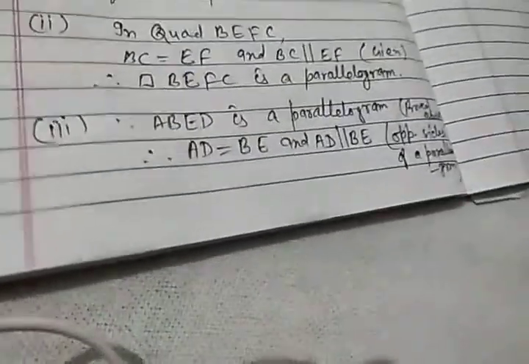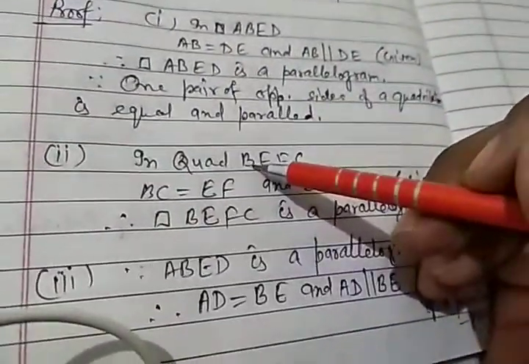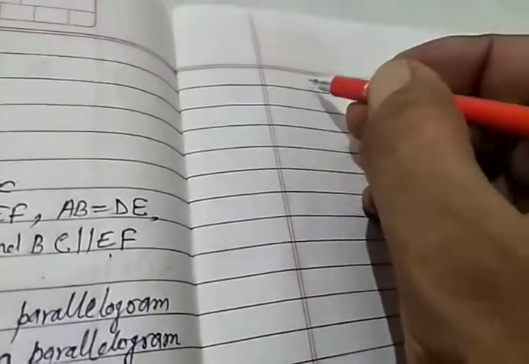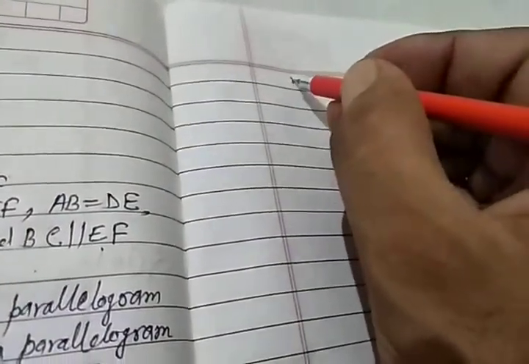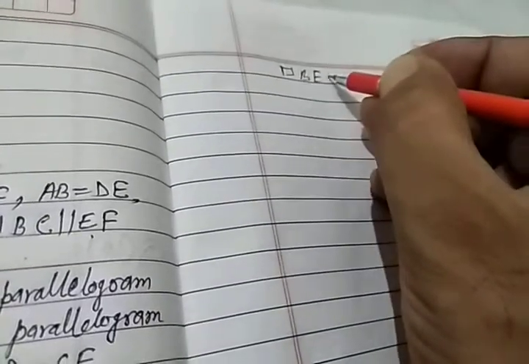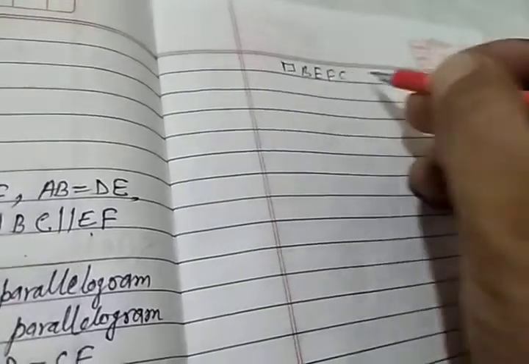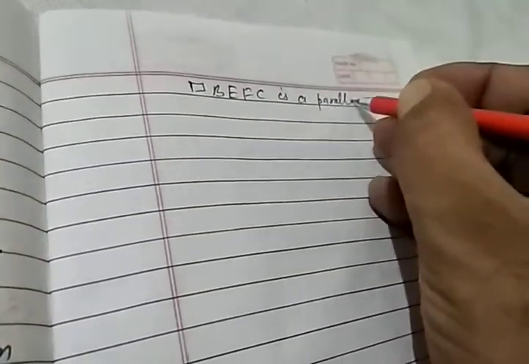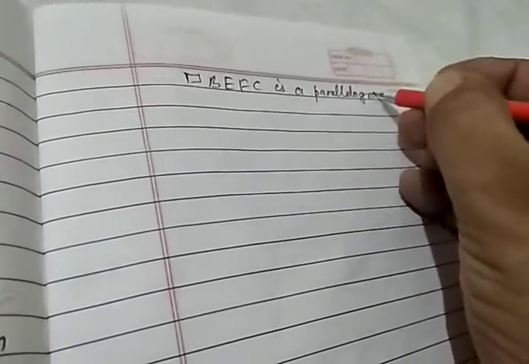And from second part, quadrilateral BEFC is a parallelogram, proved above.